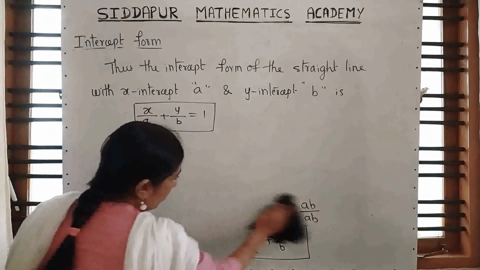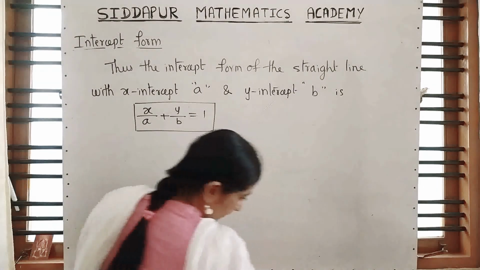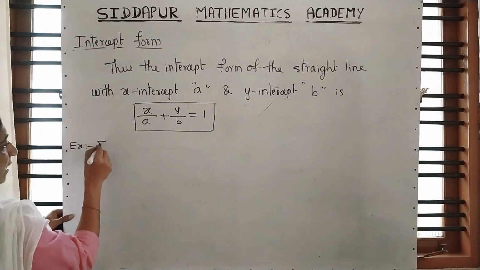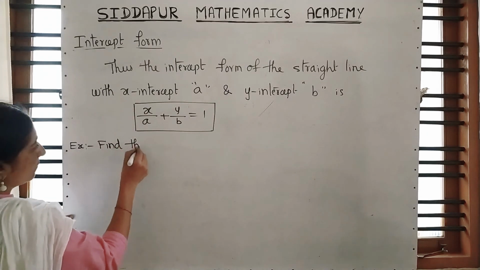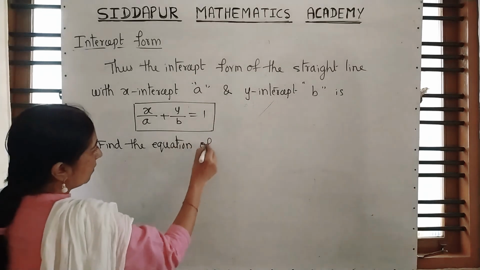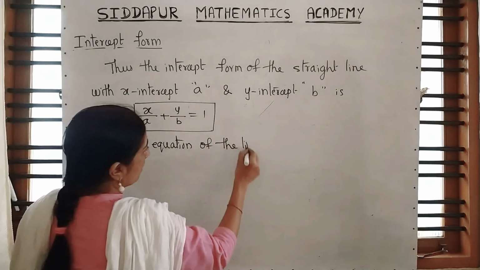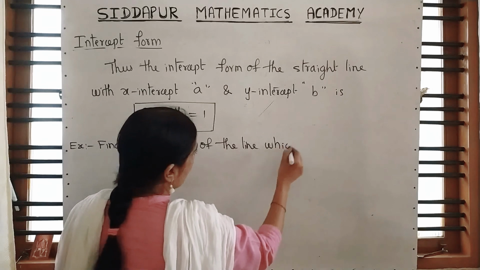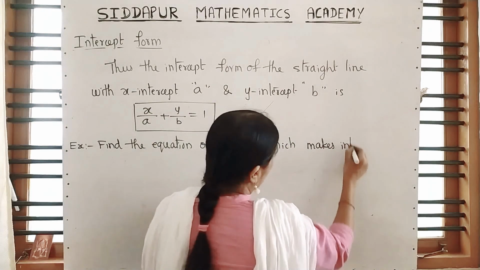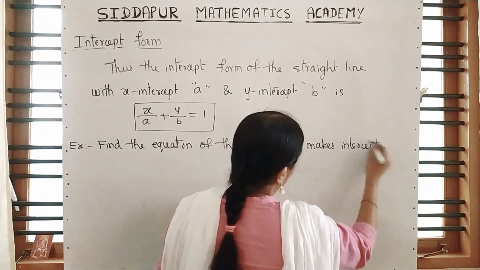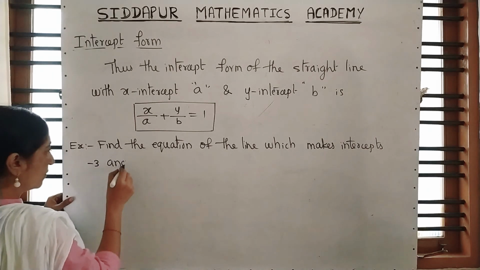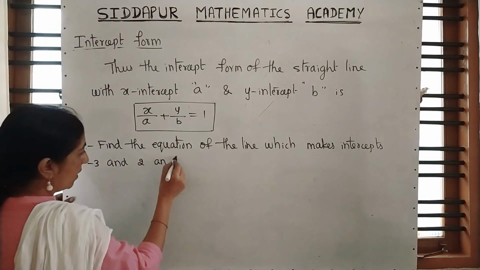Find the equation of the line which makes intercepts -3 and 2 on the axes.